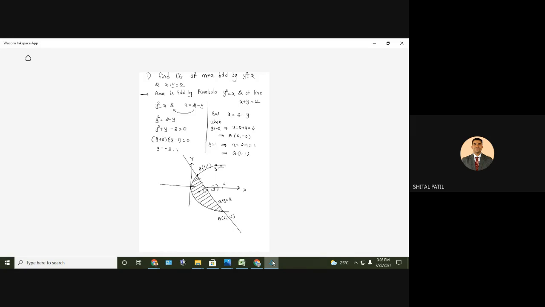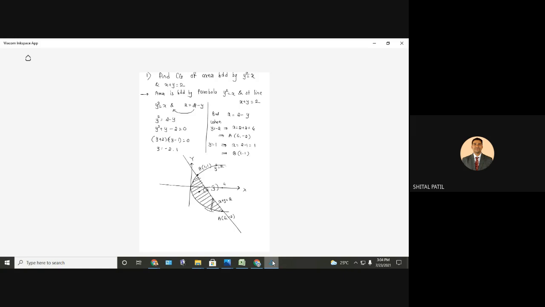If we integrate with respect to y first, that is, if we try to obtain the limits of y by the strip method, is there any problem? Anyone? Can we integrate with respect to y first? Very good. See, the lower limit is parabola, the upper limit is straight line.